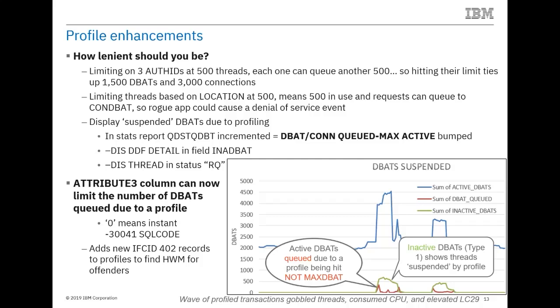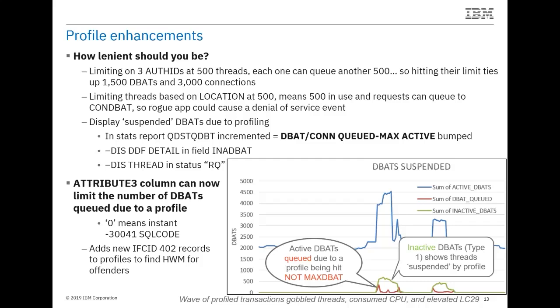Well, if you do a display of the display DDF detail, it'll show up in a DBAT, inactive DBAT. Display thread, the status is going to be RQ if it's suspended due to a profile. But the best way to look at it from a holistic view is looking in the statistics report.